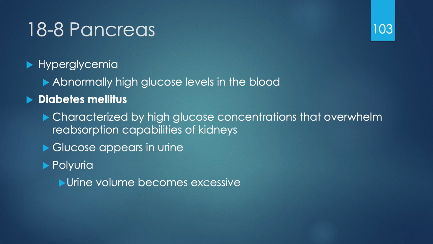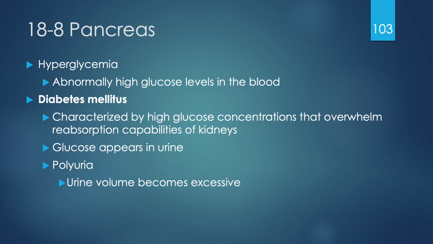Hyperglycemia is the term that we use for having elevated glucose levels in the blood that are abnormal. Hyper meaning elevated, glyce meaning sugar or glucose, and emia meaning blood. So high blood sugar is literally the translation of hyperglycemia. This is often characterized by diabetes mellitus, which is defined more or less by high glucose concentrations that overwhelm the abilities of our kidneys to manage it.